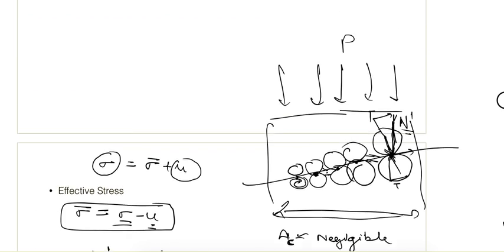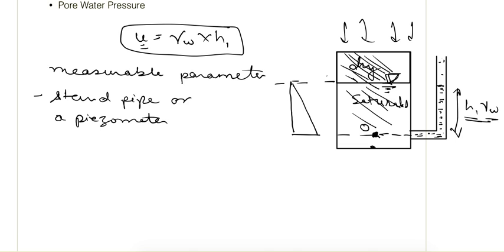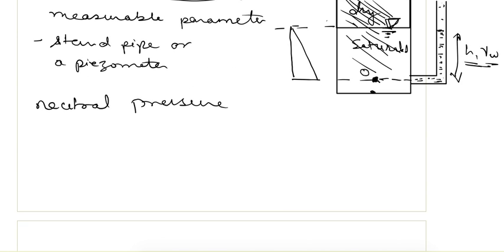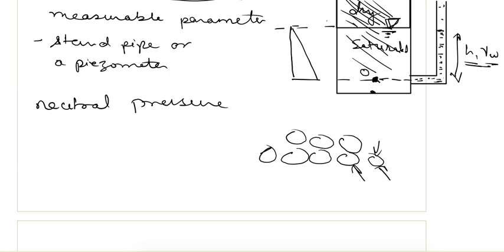One thing I forgot to mention: this pore water pressure is also called the neutral pressure. Why is it called the neutral pressure? Because in a soil mass, water will be applied from all the directions. That pressure is due to the water, and because it is a hydrostatic pressure, it is applied from all the directions, and it has no shear component.